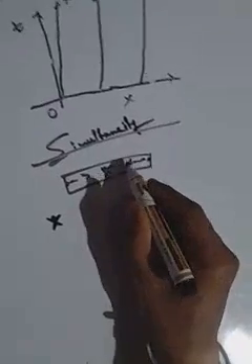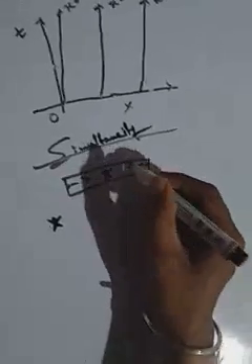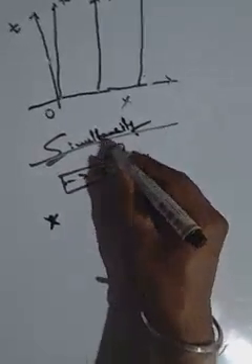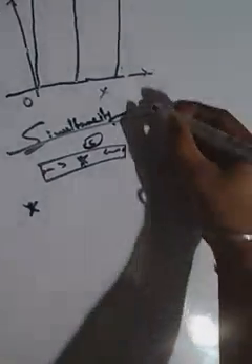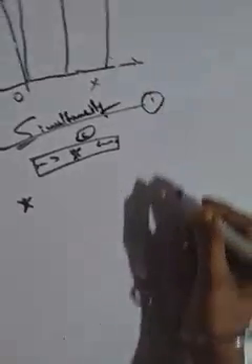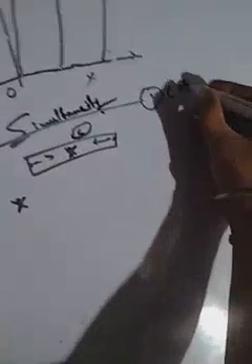And why will they come to my detector at the same time? Because the speed of light is constant in all reference frames, and that was one of the postulates of special relativity. The first postulate: the speed of light is constant in all inertial frames.